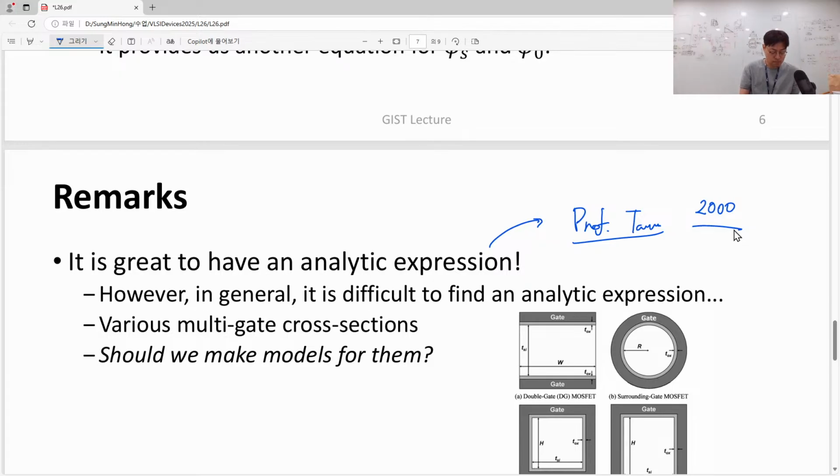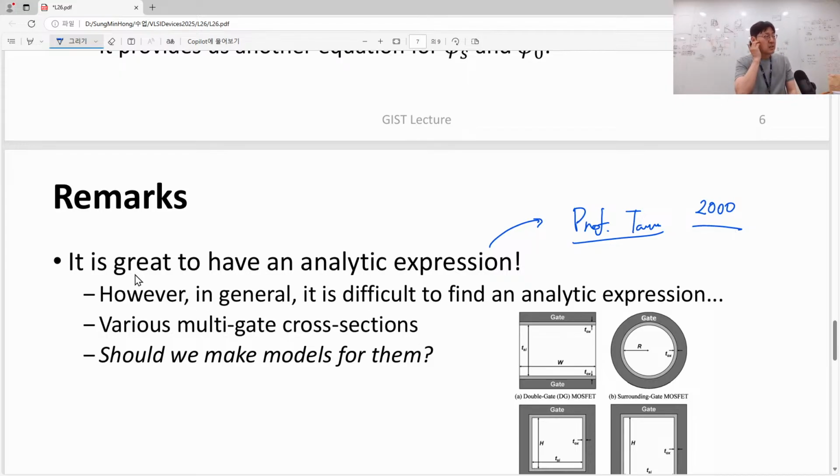There is no doping density, and that was limited to the double gate, but it was really okay. This really initiated worldwide research activities to find analytic expressions for more general cases.